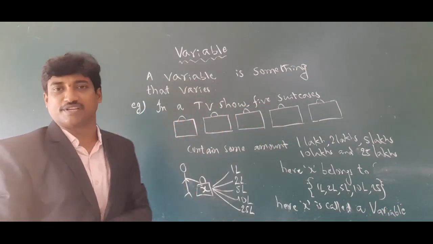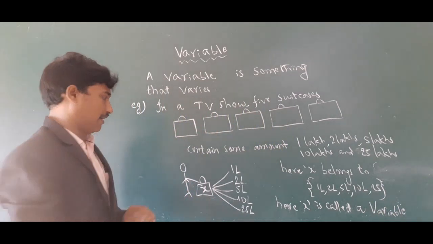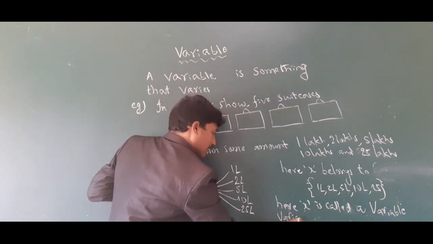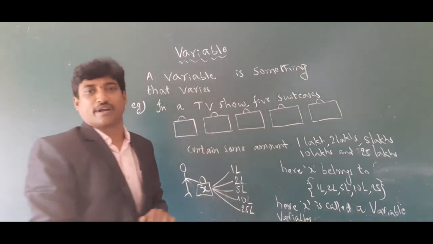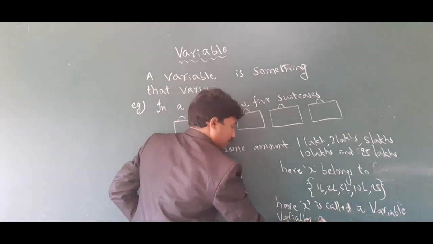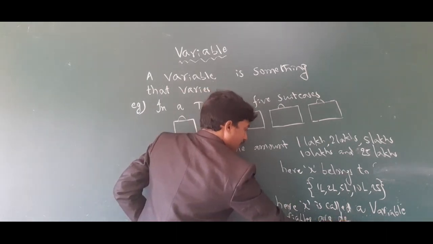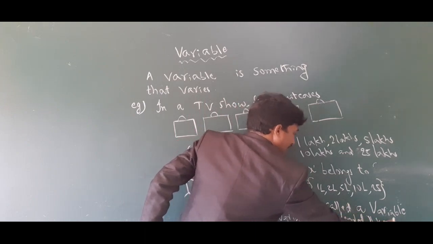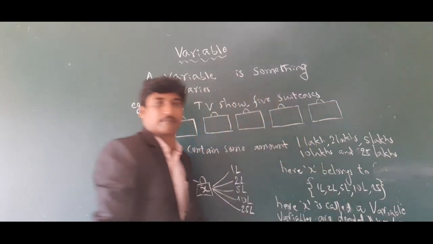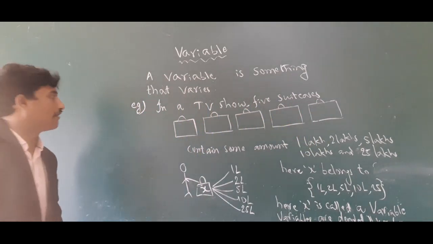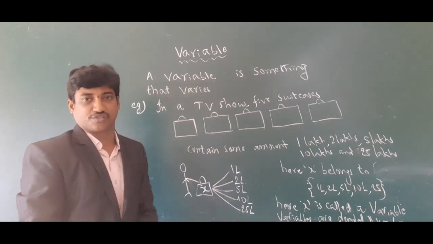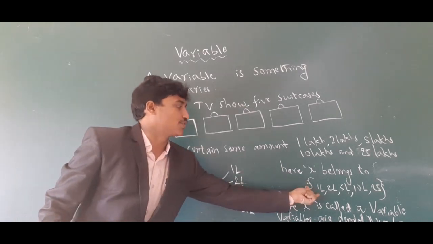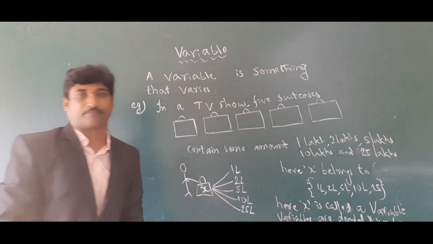Generally, a variable is represented by a letter or symbol. Variables are generally denoted by letters like x, y, z, l, m, n. So this is about variable. A variable is something that varies. X can take different values from the given collection.